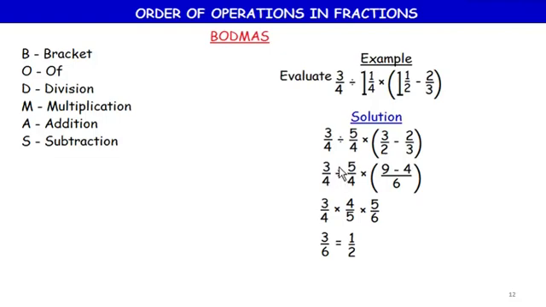Whenever you are dividing, you reciprocate the fraction that comes after the division sign, and then you change it to multiplication. So here was 5 over 4, so we just change it to 4 over 5, and we change the division sign to the multiplication sign.